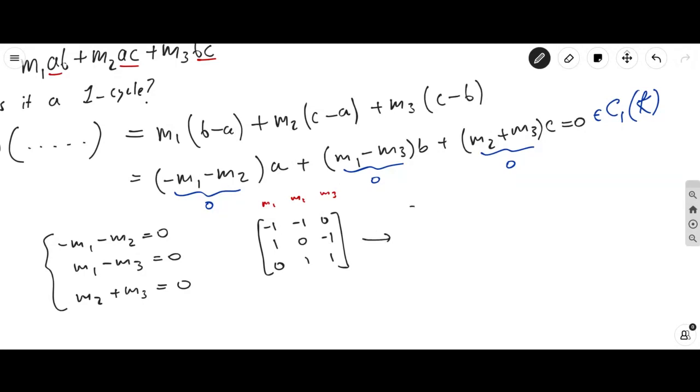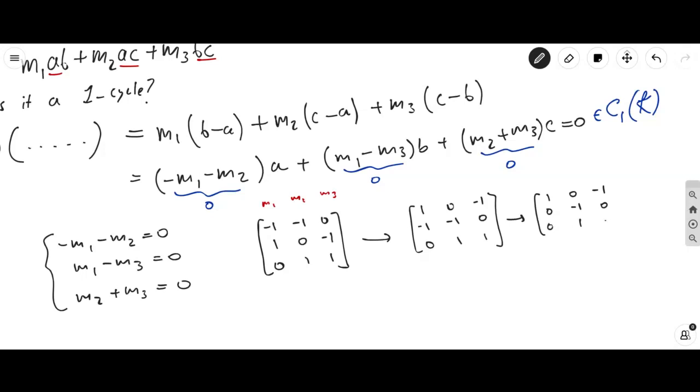Well, okay, let's not be too lazy. So let's change negative signs, make it 1, 1, 0; 1, 0, -1; 0, 1, 1. And now we can subtract. Maybe what I should have done is put this one in front: 1, 0, -1; -1, -1, 0; 0, 1, 1. Then you add the first row to the second row: 1, 0, -1; 0, -1, -1.